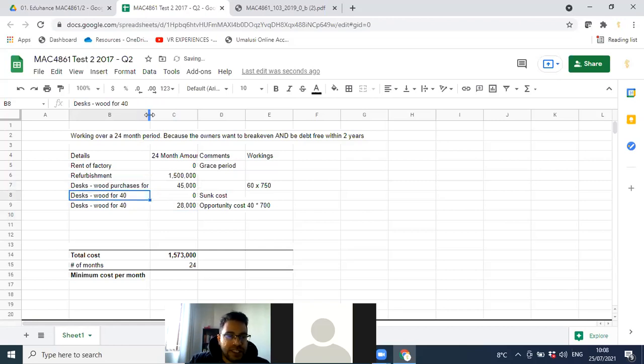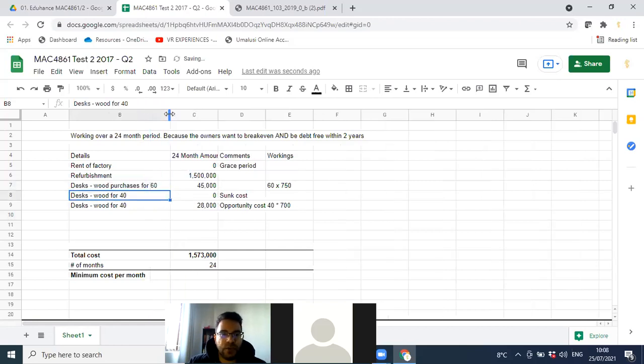That is what we have so far. So that's important to take note. And we're going to pay 750 because we have to pay his uncle 750. But then we're telling them regarding the 40. The 40 that you already purchased, we're going to include it as a zero. Why are we including it as a zero? Because it is a sunk cost.